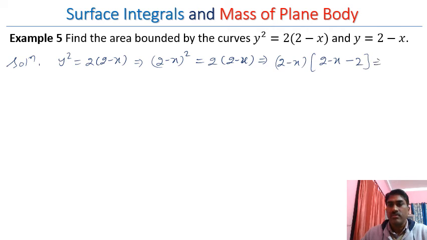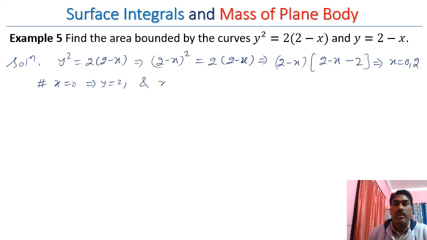So this gives x equal to 0, 2, meaning these two curves intersect at 0 and 2. It is worth noticing that when x is 0, y is 2, and when x is 2, y is 0.